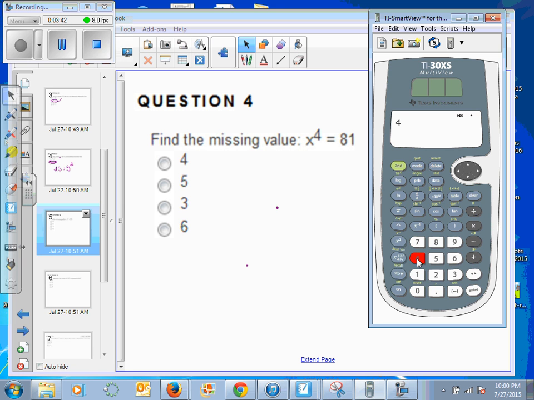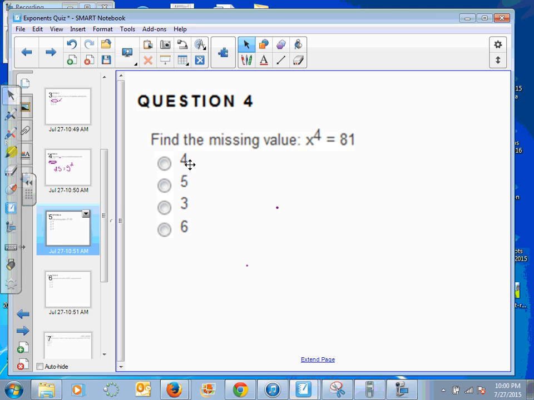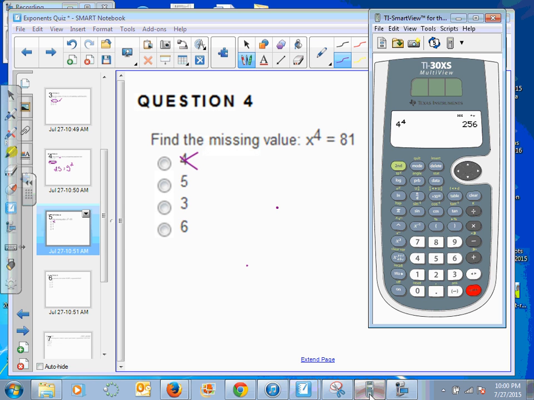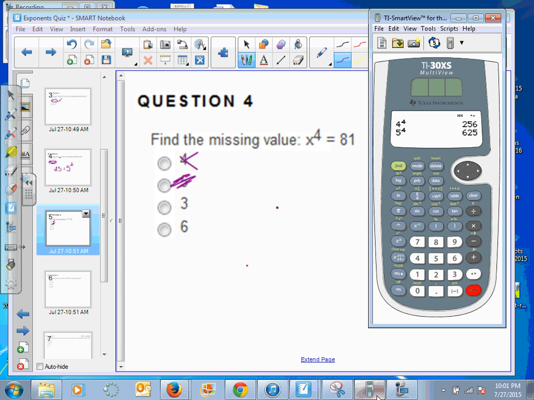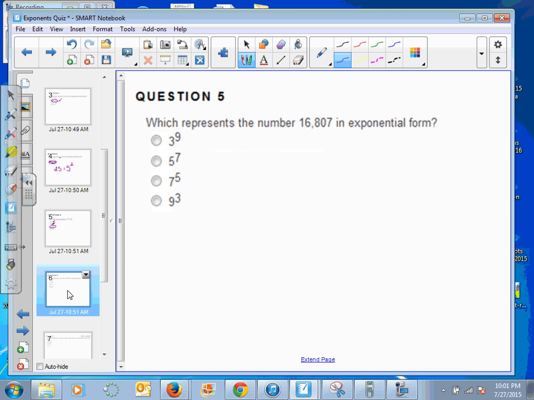We're going to raise that to the fourth power, and let's see what that equals. Okay, 256. Let's move to a 5. So let's go 5 to the fourth power. 625. Nah. 3. All right, let's go 3 to the fourth. 81. There we go. So when we plug that 3 in there, it gave us what we were looking for.